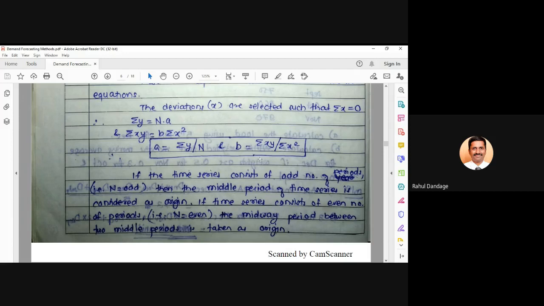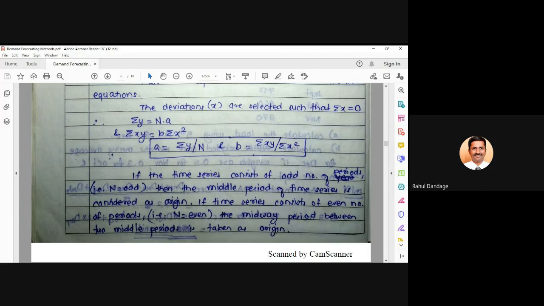Now the second part: if we have an even number of periods, let us say 6 periods, 12 periods, or 10 periods, then we don't have any central value. In that time series, we should identify the two central periods. Let us say the number of periods in your time series is 6. Then the third and fourth are the central periods, because 1 and 2 are on one side, and 5 and 6 on the other.